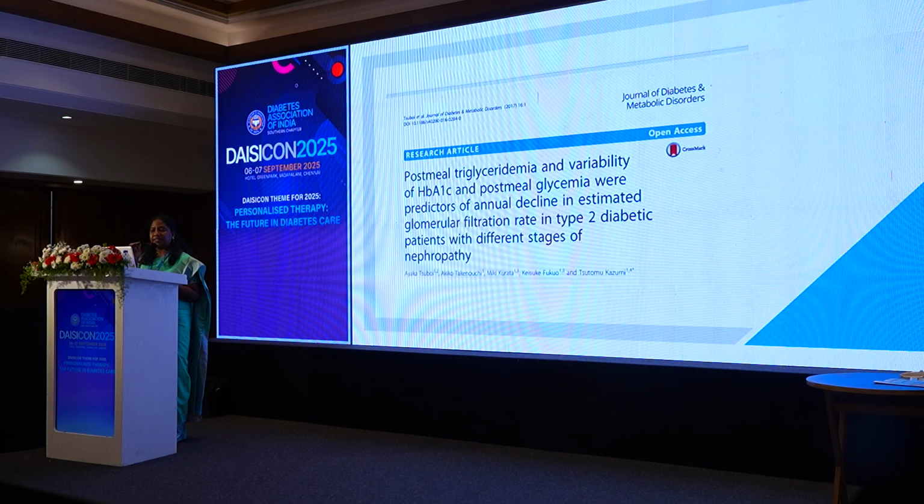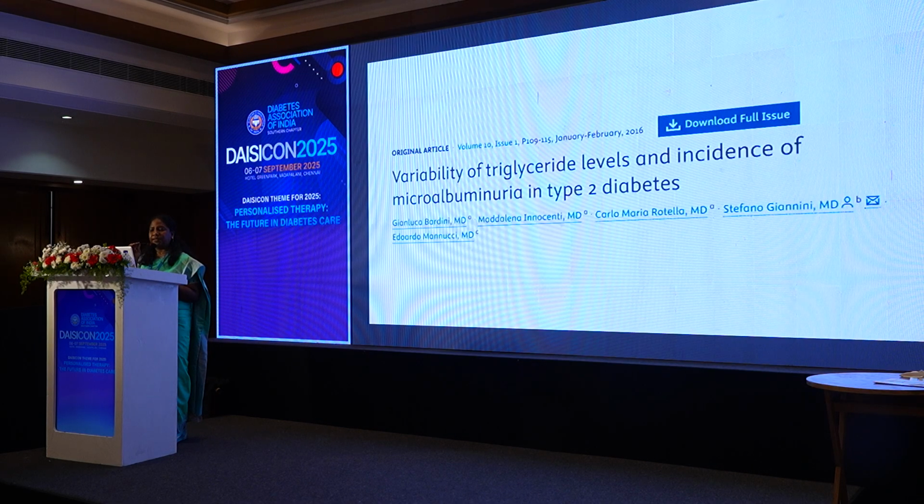Not only that, the triglycerides. So this study says post-meal triglyceridemia along with HbA1c and post-meal glycemia was a predictor for annual decline in eGFR in patients with diabetes with different stages of nephropathy, and variability of triglyceride levels and incidence of microalbuminuria was studied in this study.